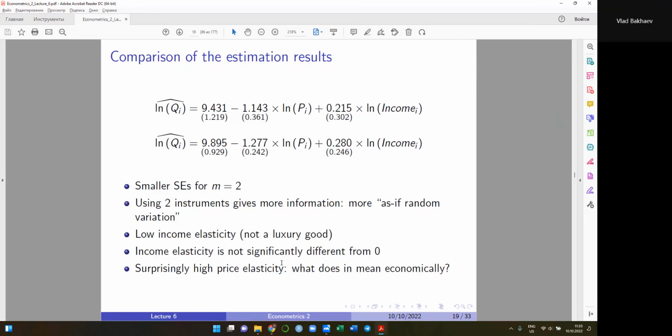For example, which goods have low price elasticity from our everyday life? Needed goods, maybe.